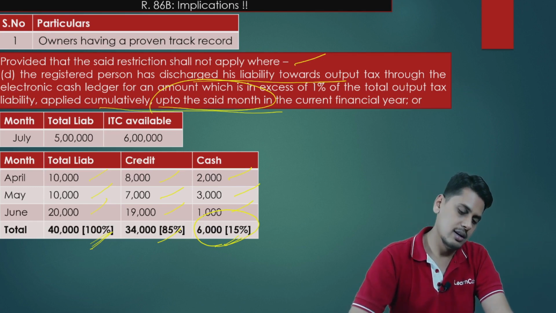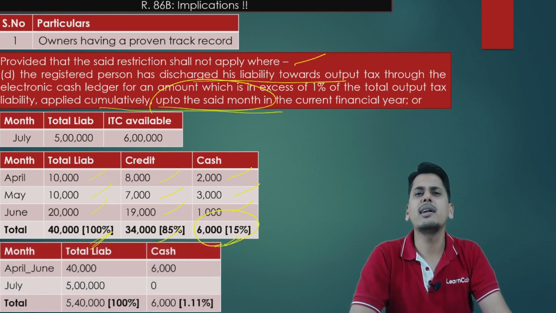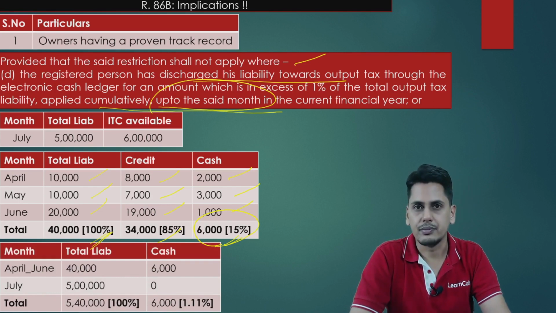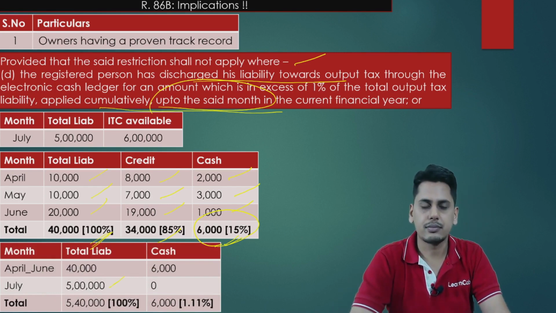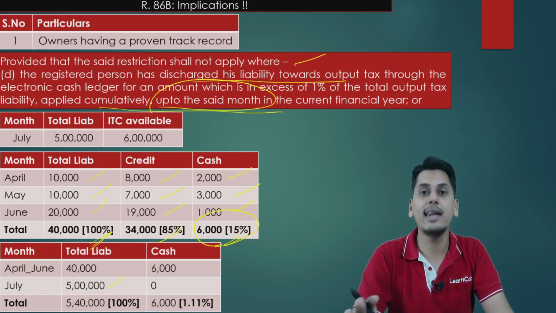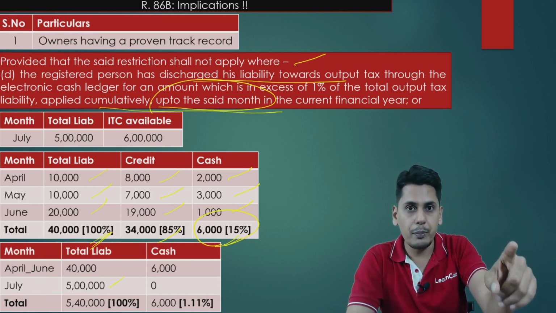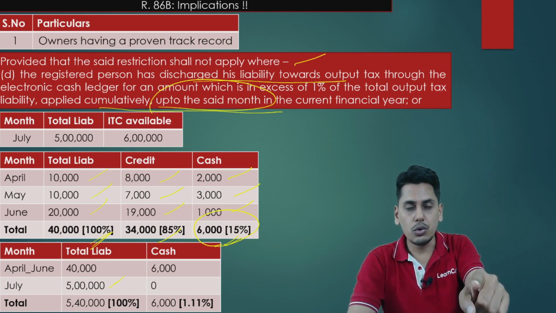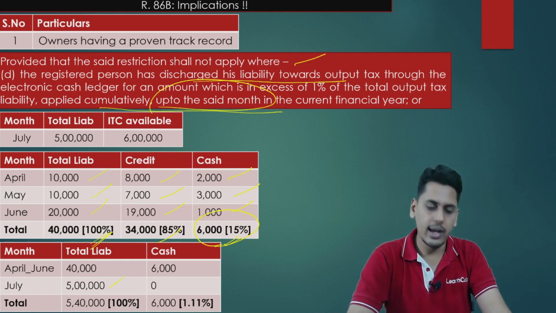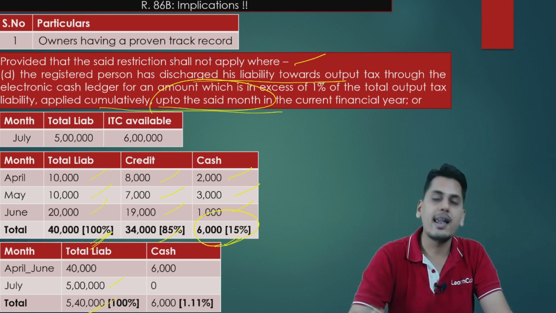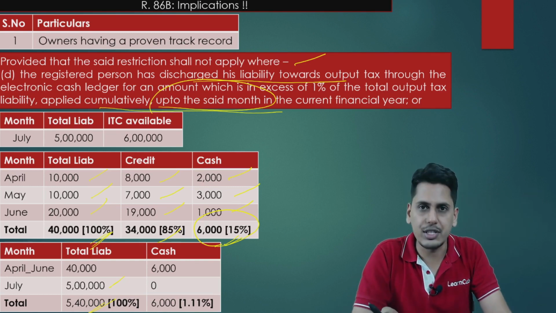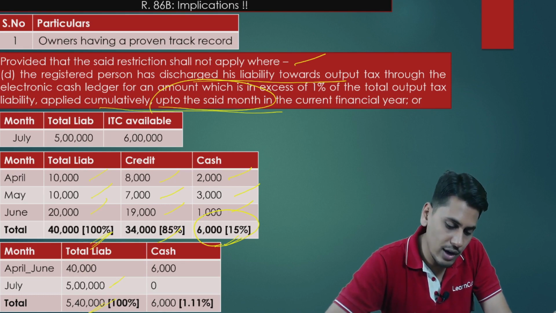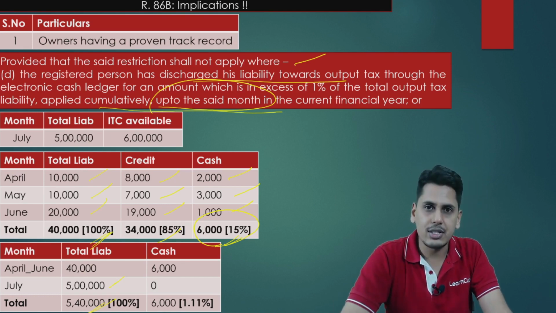So therefore friends, you need to first find out what is the liability of July. Let's say the liability of July happens to be 5 lakhs. So what is the total liability ranging from April, May, June, including the current month July? The total liability is 5,40,000. So far, how much have you paid through cash ledger? So far, you have paid 6,000 from your cash ledger.